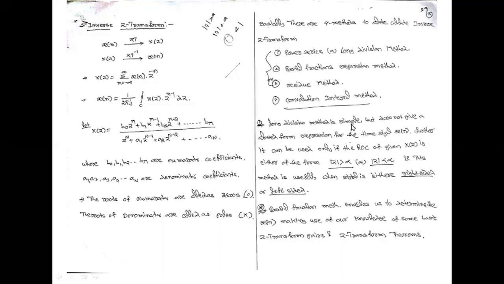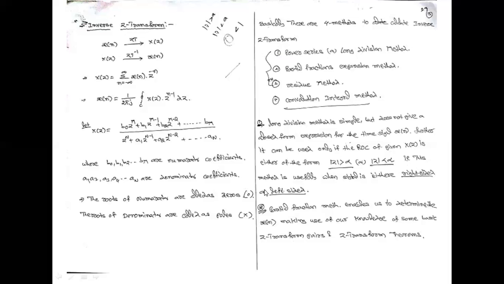The long division method is simple, but it does not give a closed form expression for the time sequence x of n. Further, it can be used only if the ROC of the given x of z is in the form of |z| greater than or |z| less than.